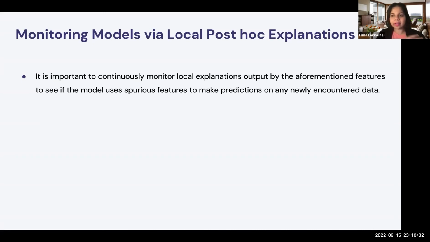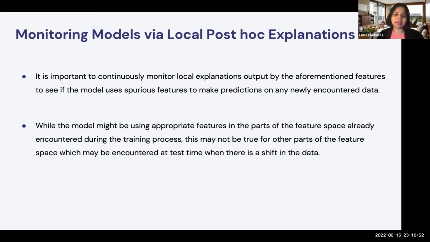So for the prior data that the model has been trained on, it might be using relevant features, but then when there is a shift that occurs in the data or new kinds of data points come in, then the model may start looking at irrelevant or spurious features when making predictions about them. So that's exactly what we need to monitor for using local explanations, right?